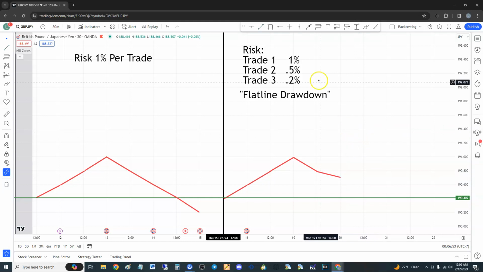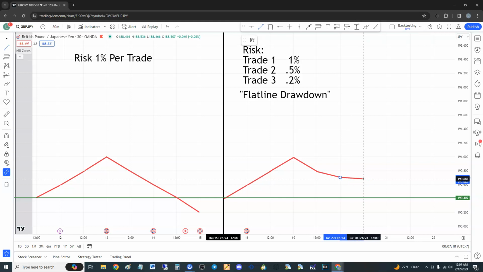Now, if you lose the second trade, right, you're going to then cut your risk half of a half. This is actually lower than half of a half. I'm going from 0.5% to 0.2. This is personally what I do. You can go 0.25 if you want, but we're going to go 0.2 in this example. That's what I like to do. Now the next loss is going to look something like this.